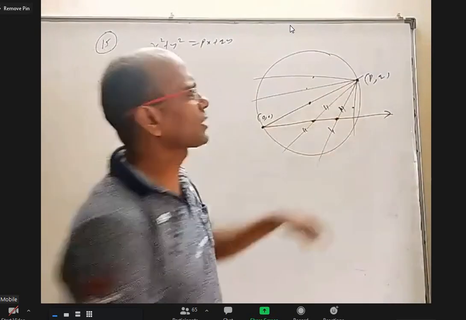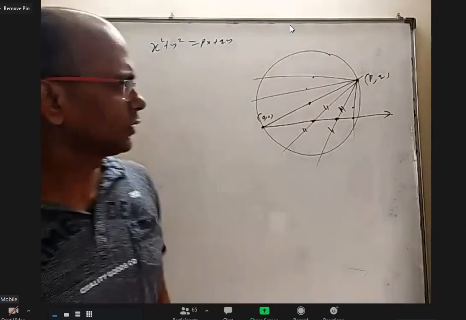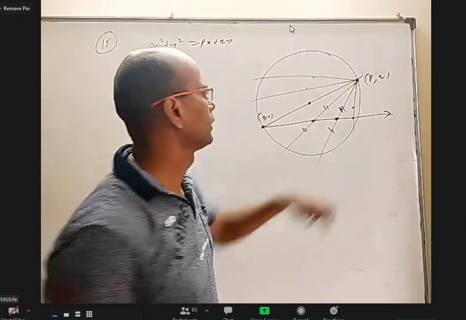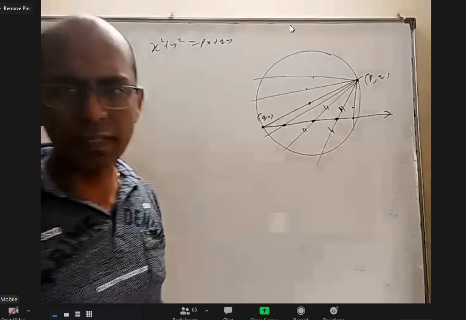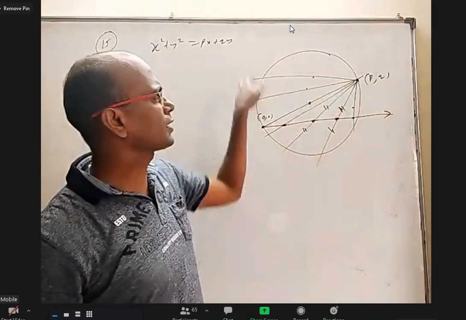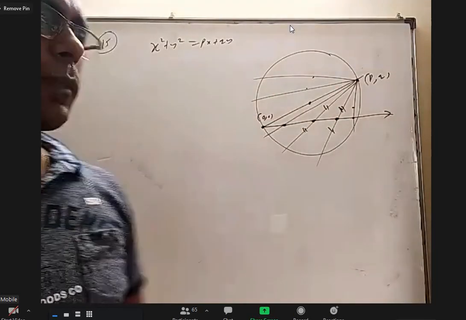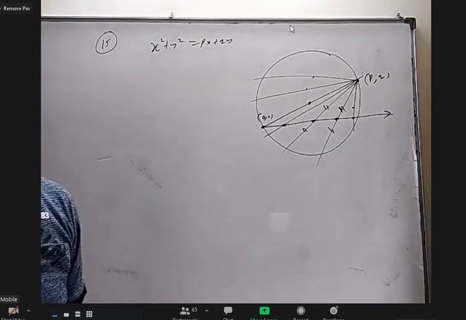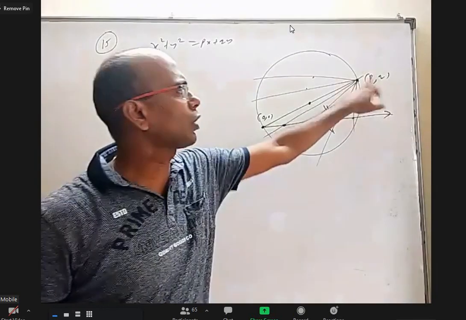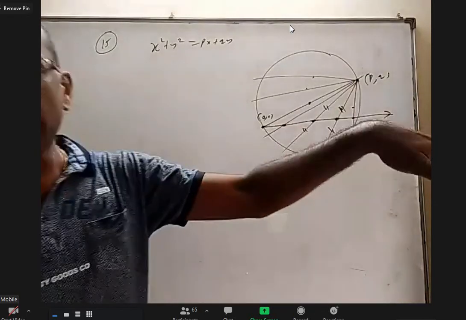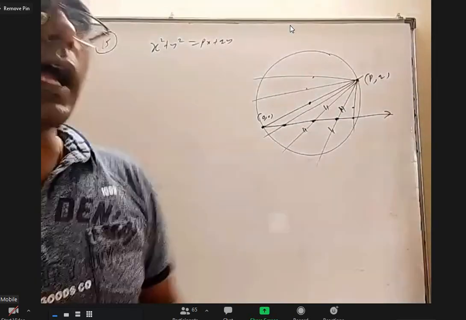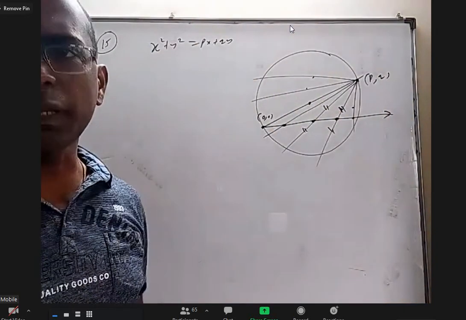The x-axis intersects this chord also, but it is not the midpoint, it is not bisecting that chord. And if you take this chord, the x-axis intersects it but does not bisect it. Some chords the x-axis does not even intersect, or it may intersect outside. So among all the chords through (p, q), only 2 chords are bisected by the x-axis. For that to happen, what should the condition between p and q be? That's the question.